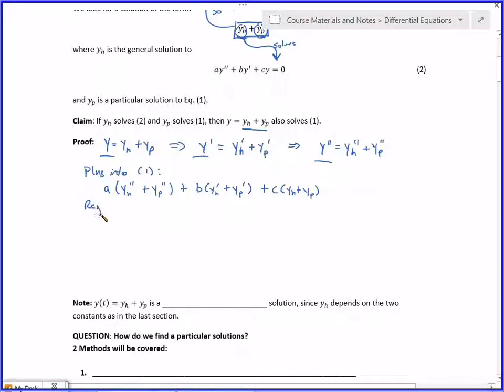Now regroup. And you have A y sub h double prime plus B y sub h prime plus C y sub h together, plus A y sub p double prime plus B y sub p prime plus C y sub p.